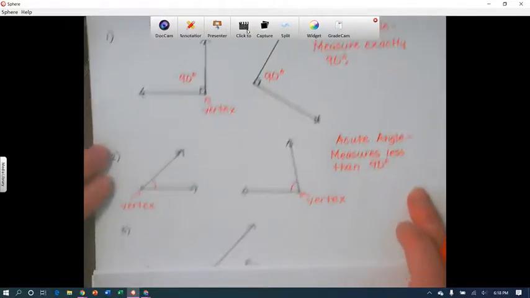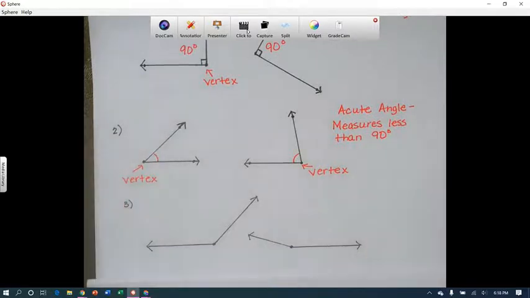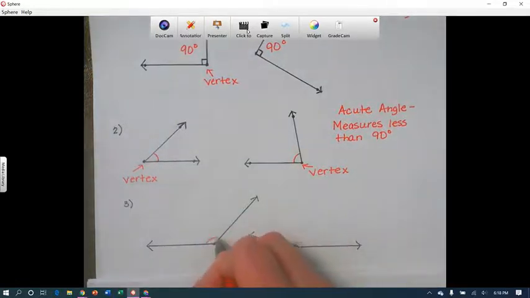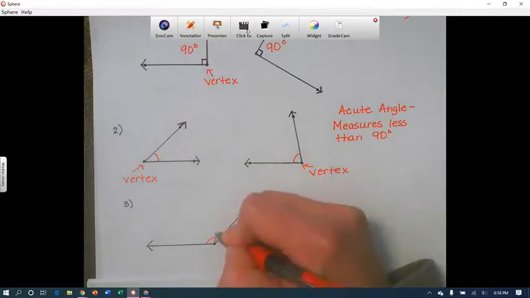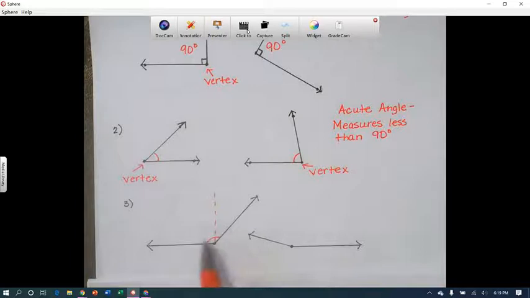Now we are going to move on. And these angles look to be greater than 90 degrees. So a 90-degree angle would be right here, and this is definitely greater, and that's called an obtuse angle.